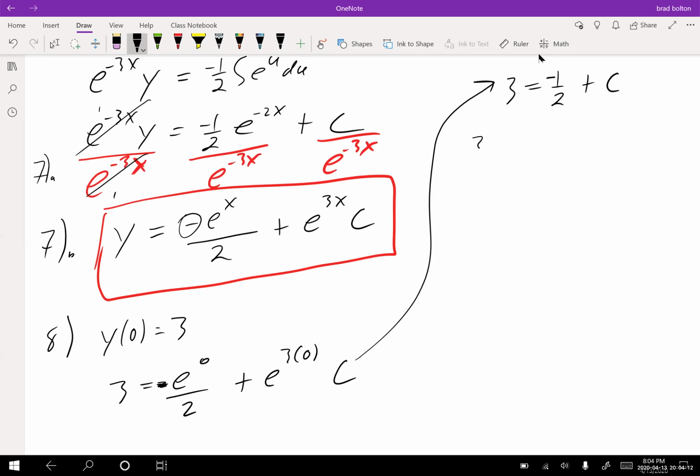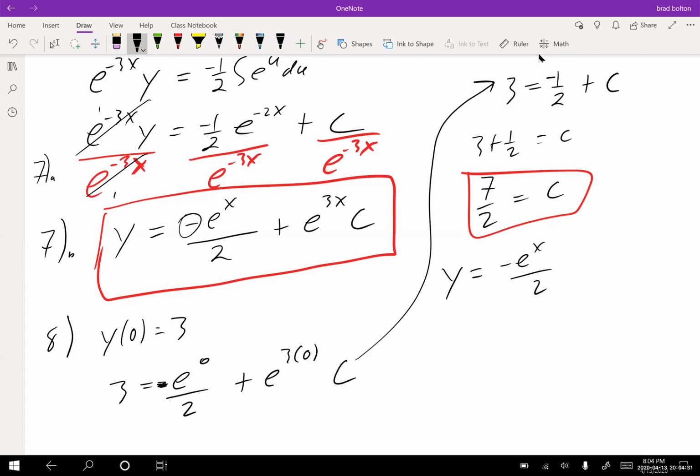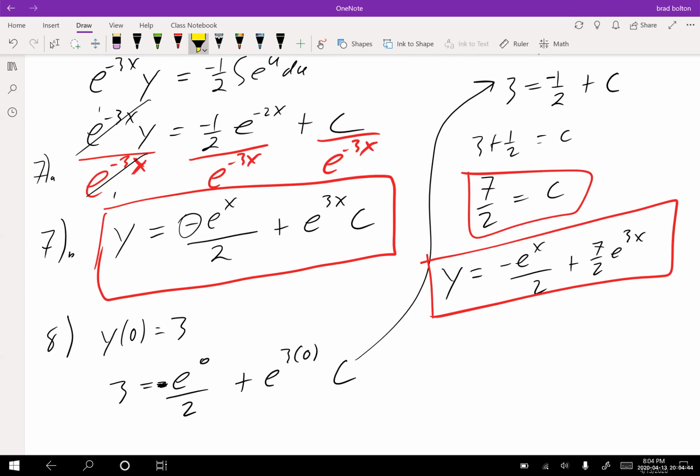So this is actually 3 plus 1/2 equals C. So then it will be 7/2 equals C. So this is my C. So then our true answer, y equals negative, I guess we could write it as e to the x over 2 plus 7/2 e to the 3x. And that is our official correct answer. Okay, so it's not easy. Linear differential equations do take some time.